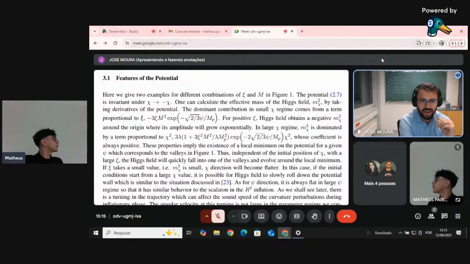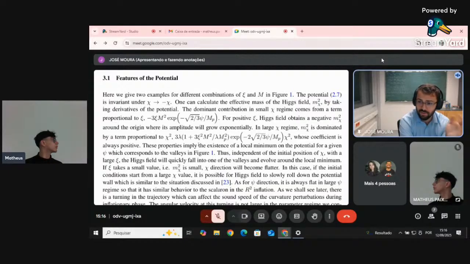It's proportional to xi when chi is small, and you get a negative overall value because xi is greater than zero; the exponential is always greater than zero. But for large values of chi, you have an overall positive value, not negative at all. That indicates that you have a global minimum of the potential.